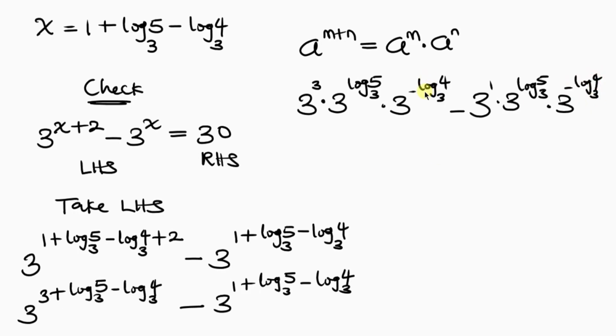Now, we still need to simplify. Remember the power law of logarithm that says when I have p log a, this is the same as log a to the p. So I'm going to be applying this power law of logarithm to what we have here.